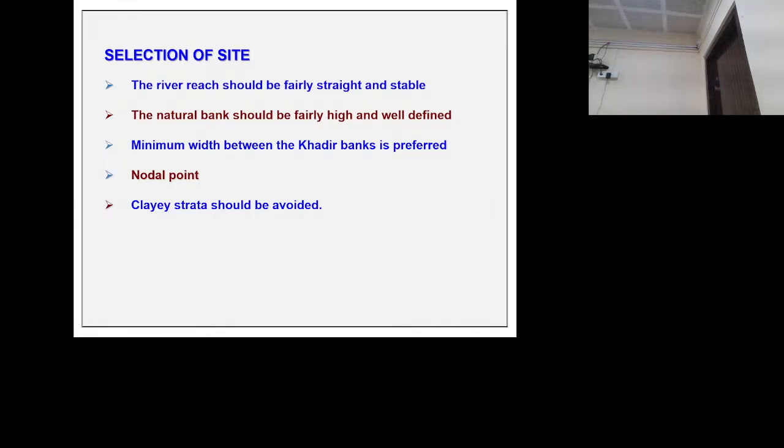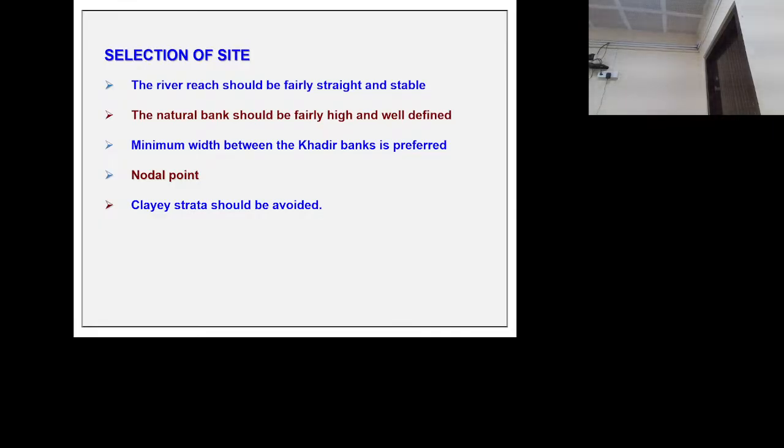So they want to construct an intake structure here. For that, the first study you have to do is to find out the nodal point. Nodal point means the water should be available at very lean period also. In the past 20 years, water should be there. That type of location we have to select to extract the water for the intake structure.